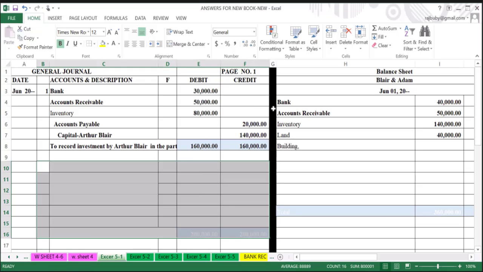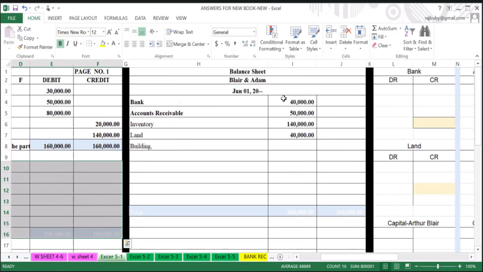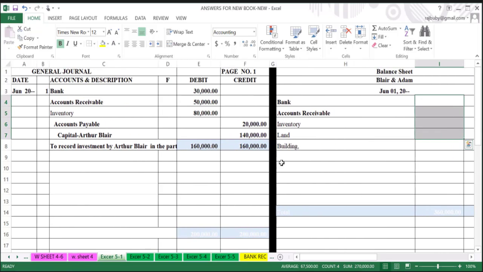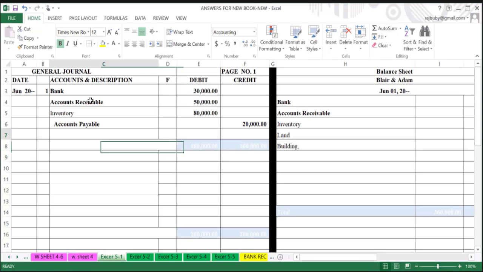No, that one is the balance sheet. By mistake, I opened that one. You have to write the journal separately first. You are going to do a separate journal entry and calculate the capital. Okay, that is the first entry.